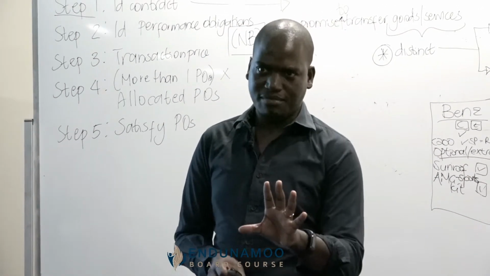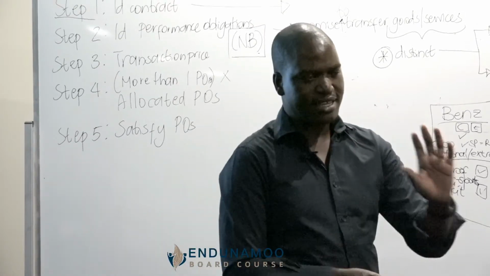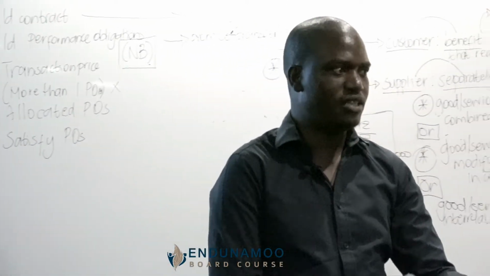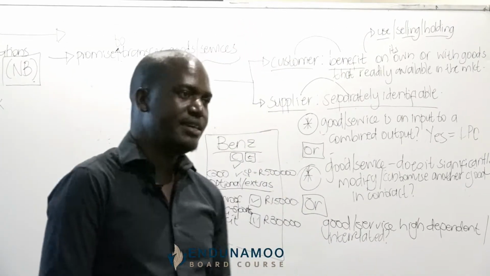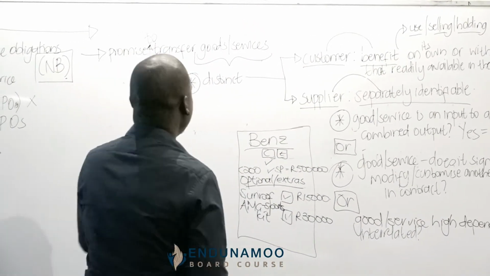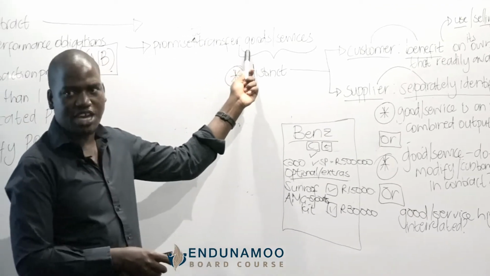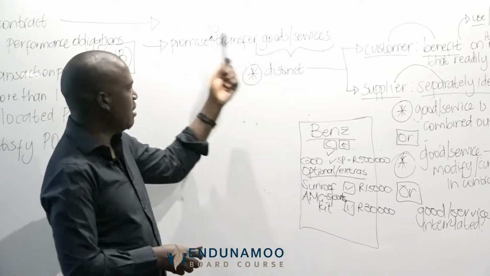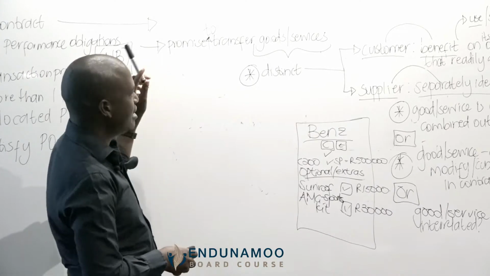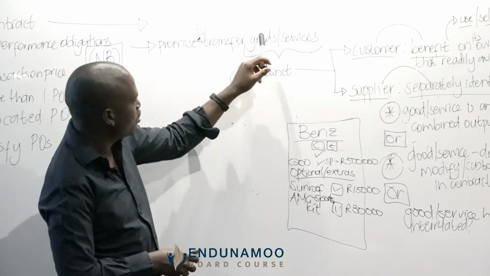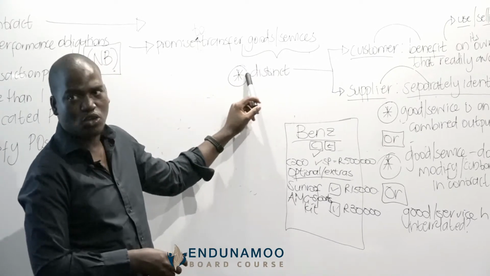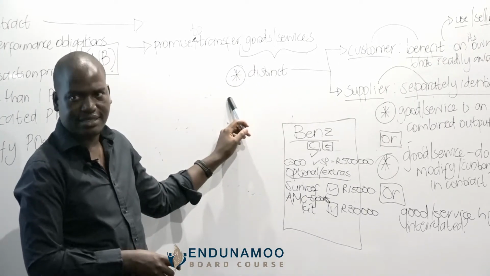So in an exam, you get there, and you're saying that step 1, you've gone through those 5 things, and have concluded on step 1. Then you're saying, number 2, we need to identify the performance obligations under the contract. Then probably you summarize and say, that means we need to transfer the goods or services being promised to the customer, and those goods have to be distinct.